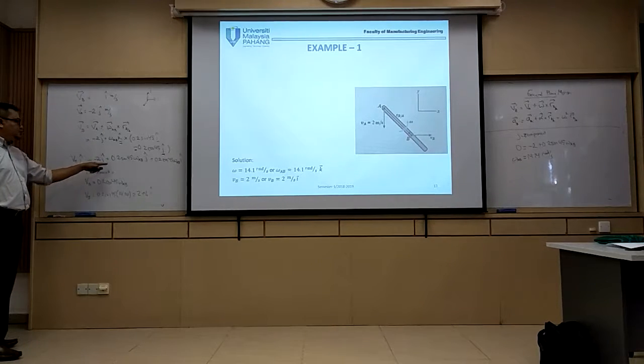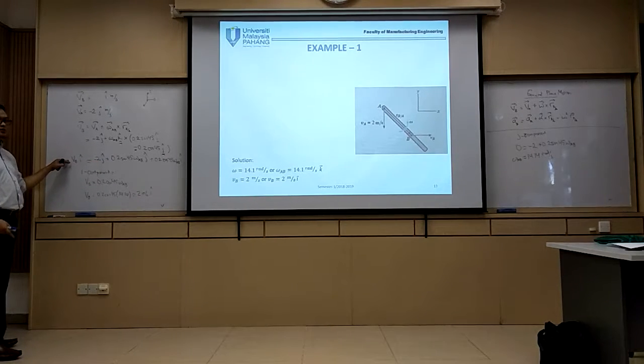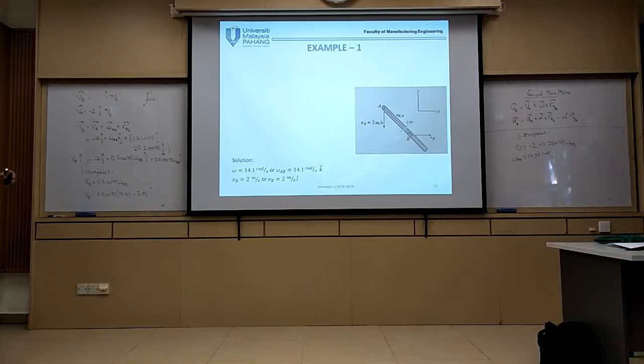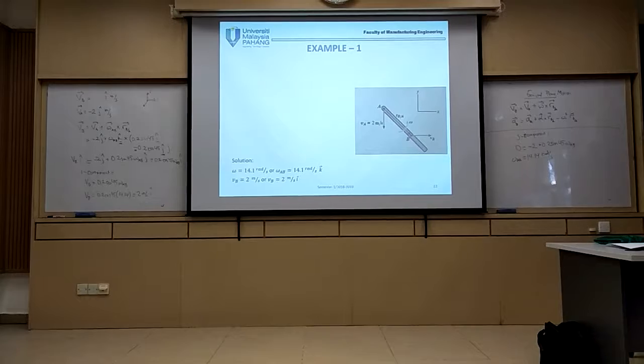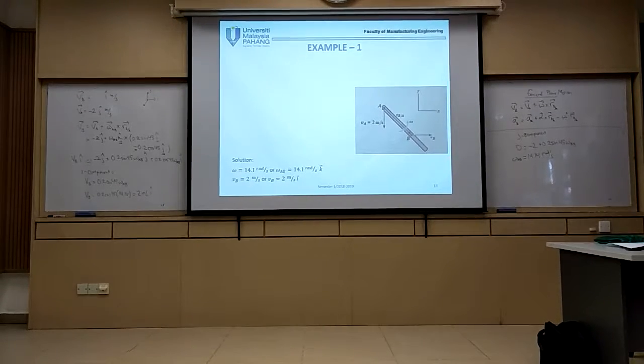Then normally you will find an equation in terms of I and J. Then you need to find the I component and the J component, and from there you can find the solution. The steps will be the same for all problems related to general plane motion.